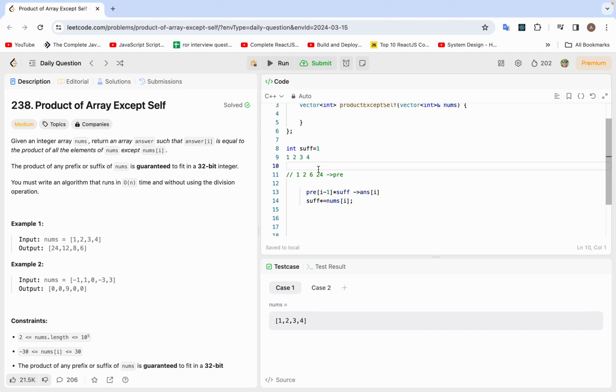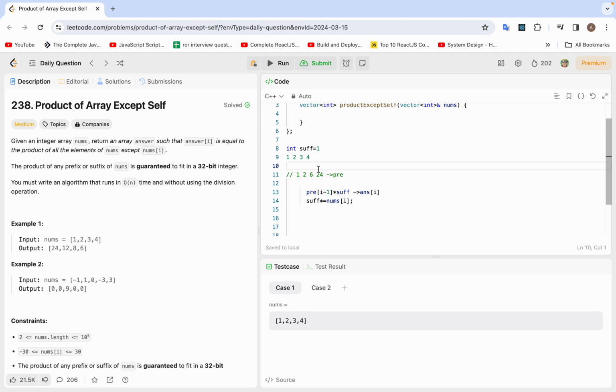Now I will simply write the answer, which is: answer of I will be what? Answer of I will be prefix of I times suffix of I plus 1, right? Because prefix of I is what?